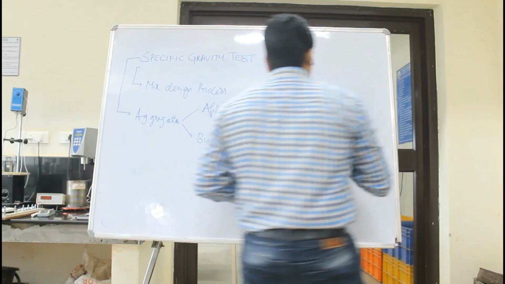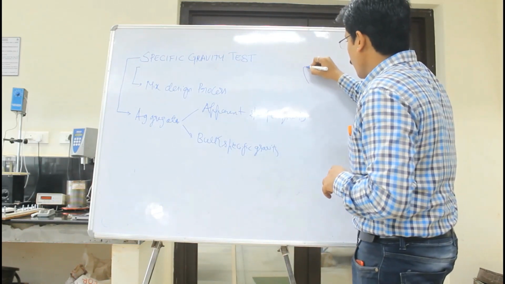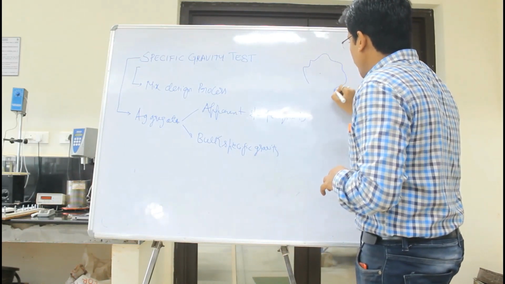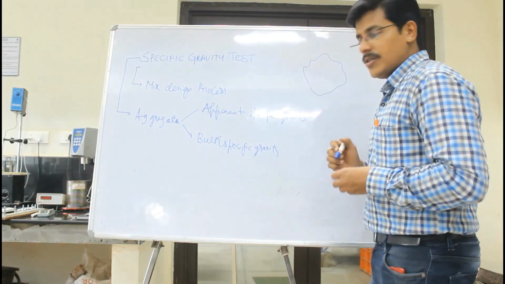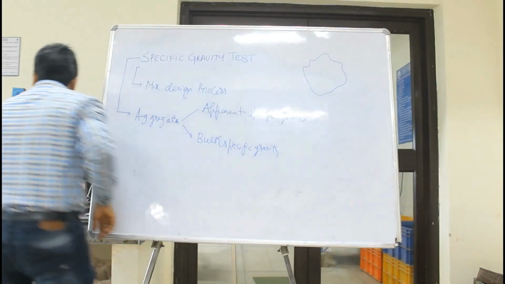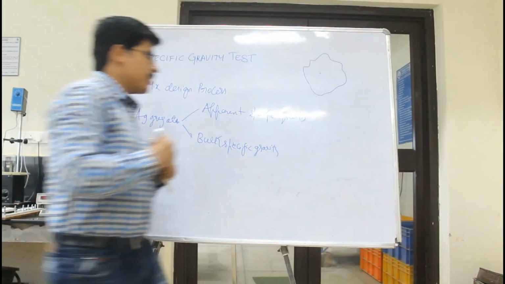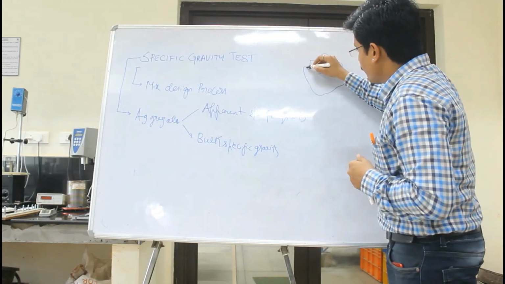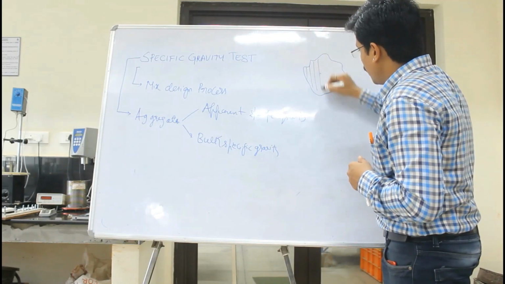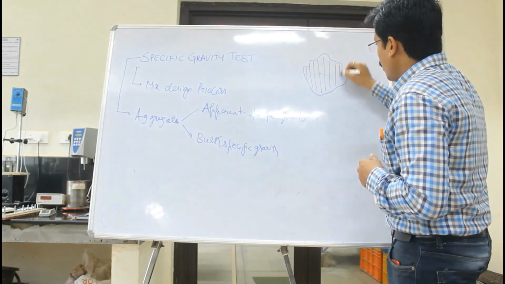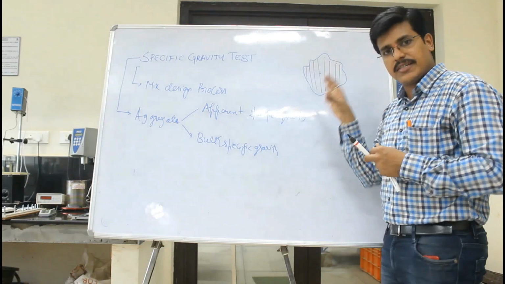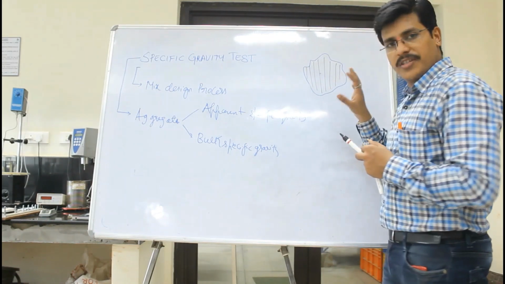Now, if we take a typical aggregate, the surface won't be smooth. It will have this particular shape. This whole thing is the solid aggregate volume. It can have pores inside, but that is not visible actually.